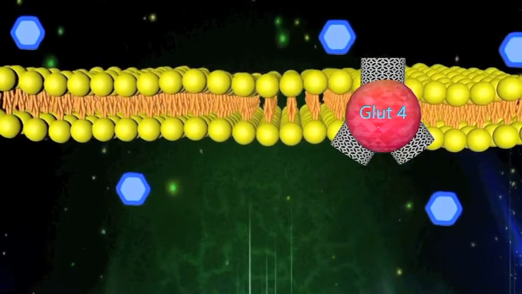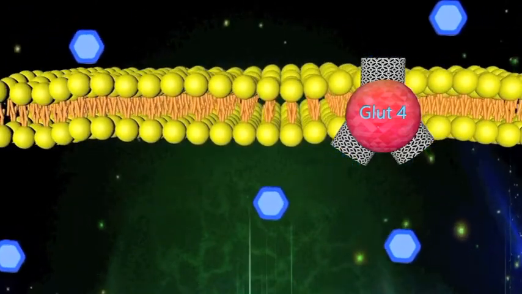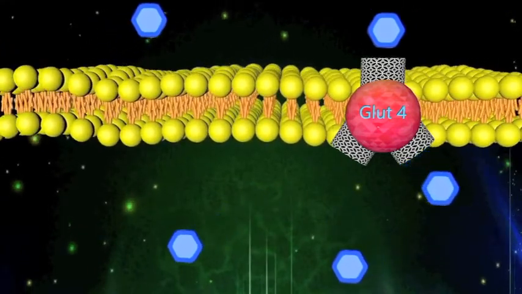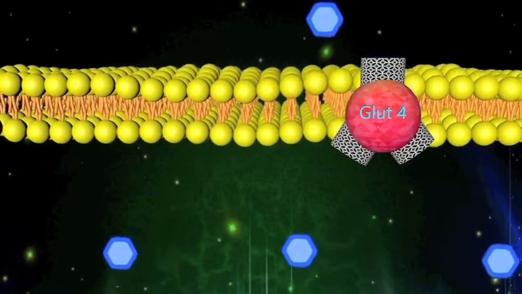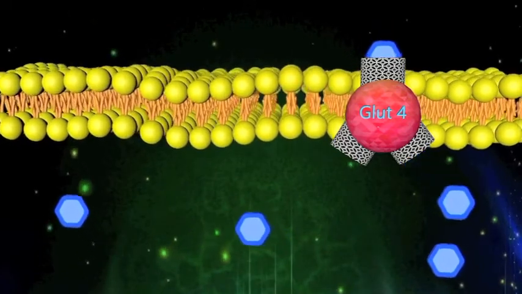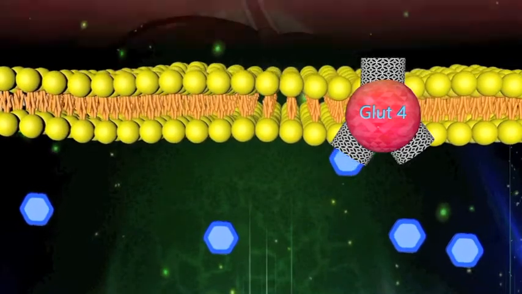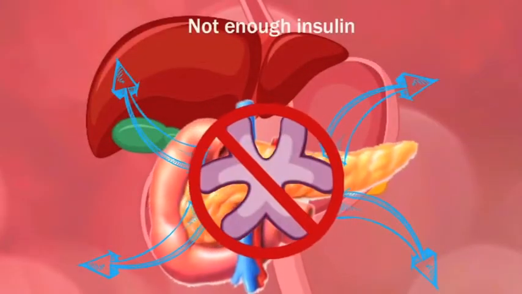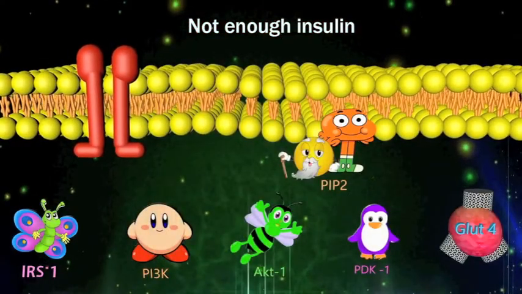It is the signaling pathway that ensures only the correct molecules will be allowed to enter the targeted cells. This insulin signaling transduction pathway is necessary to keep blood glucose levels stable in the body. If the pancreas is not producing enough insulin, the insulin receptors in the cell membrane are not stimulated.